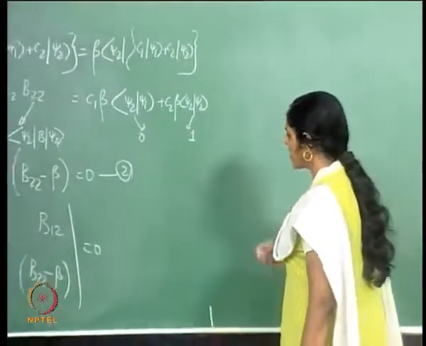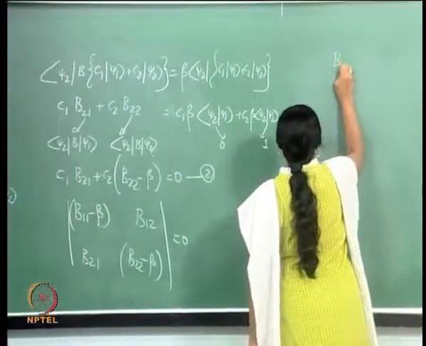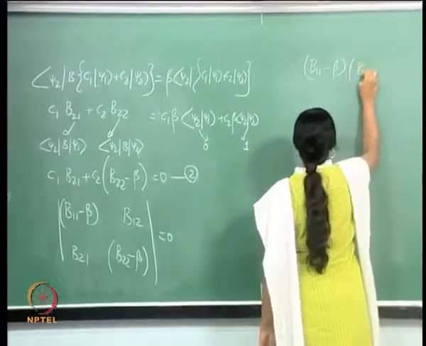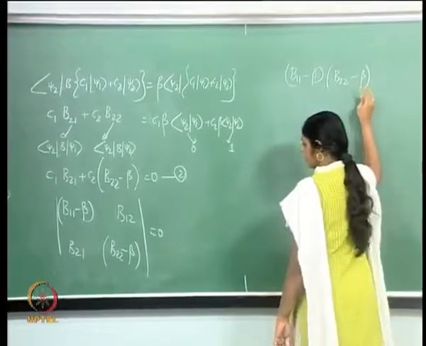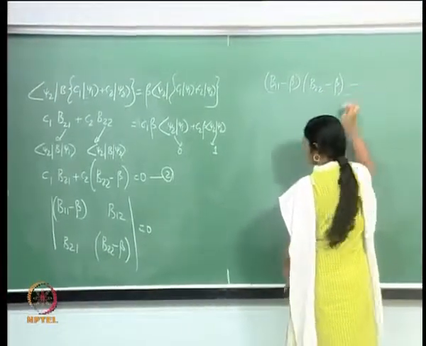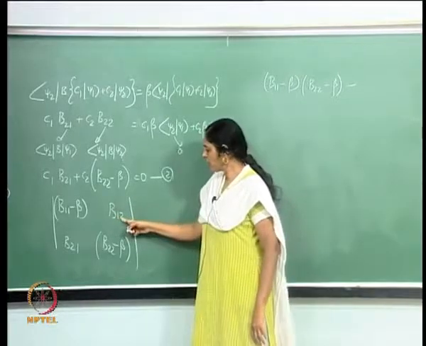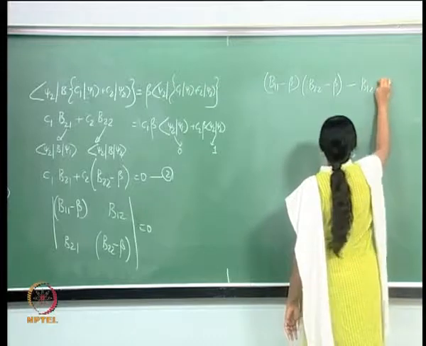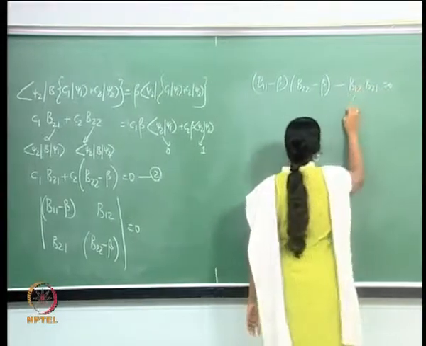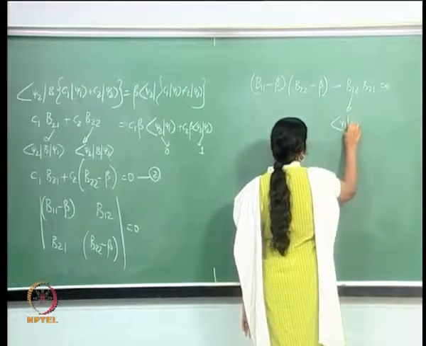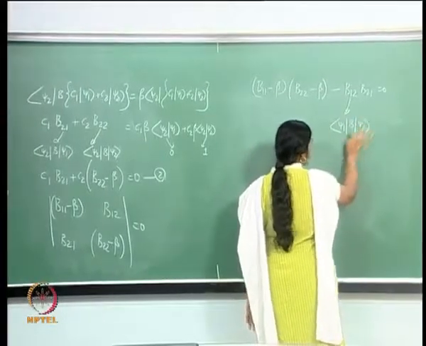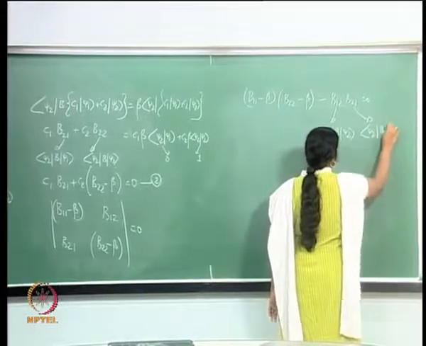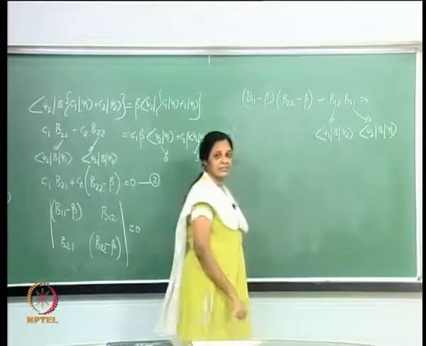So, this determinant when expanded gives me B11 minus beta times B22 minus beta minus B12 times B21. Recall that B12 and B21 are complex conjugates of each other, because B12 is psi 1 B psi 2, which is a number, and B21 is psi 2 B psi 1, which is the complex conjugate of that.